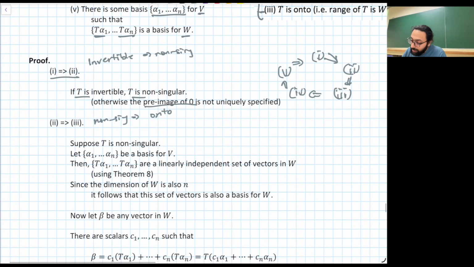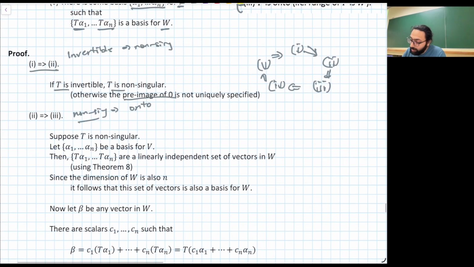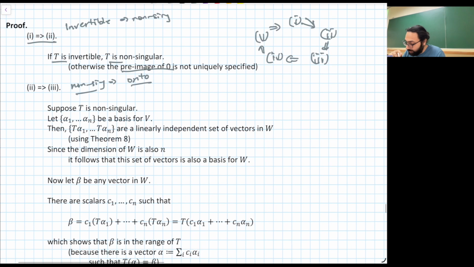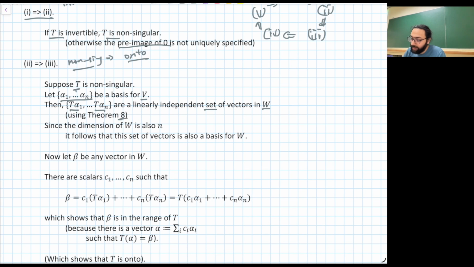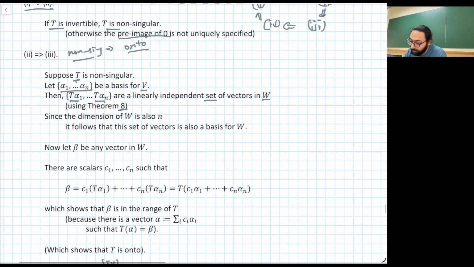And then 2 implies 3 is the following. It's saying non-singular implies onto, right? So suppose T is non-singular. Then suppose alpha 1 to alpha n is a basis for V. Then T alpha 1 to T alpha n are linearly independent vectors in W using theorem 8. Theorem 8 was basically saying linearly independent sets are sent to linearly independent sets under a linear transformation.